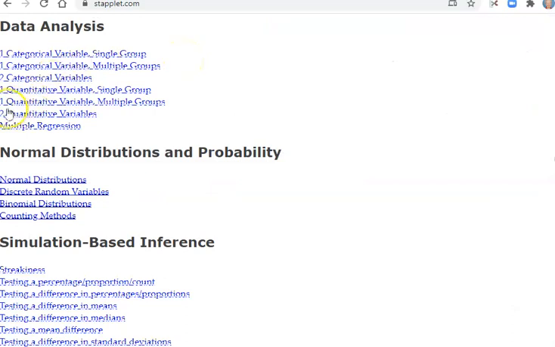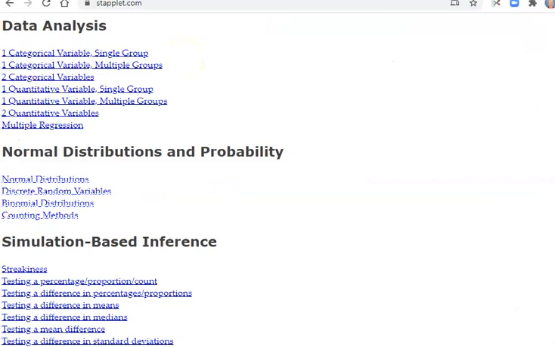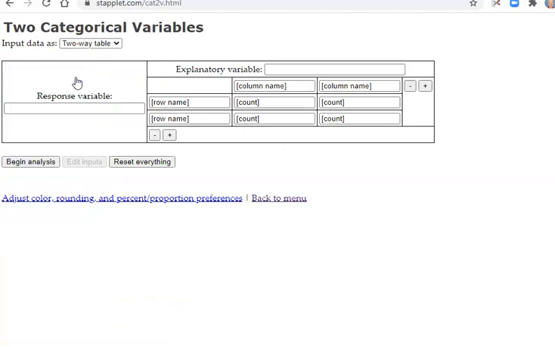When you go to Statplet.com, you will see these different options. So I'm going to choose two categorical variables. And then you're going to see explanatory variable and response variable. The explanatory variable is the variable that most likely explains how the other variable behaves.